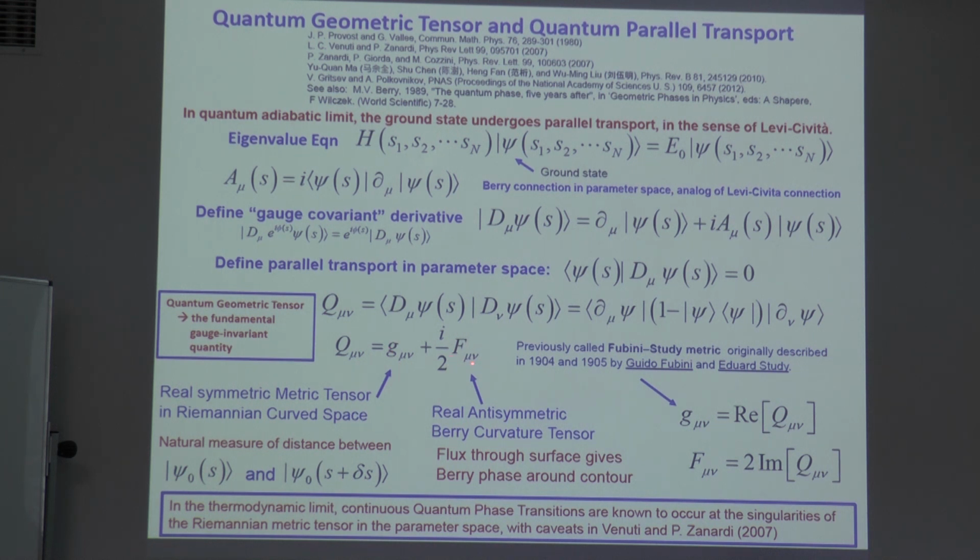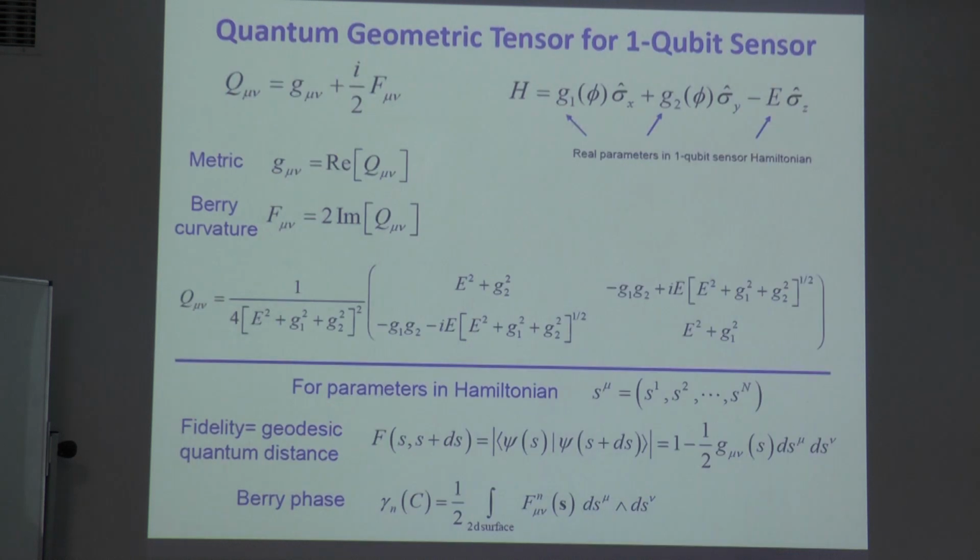And this, of course, we saw gives you a Berry phase when it's integrated over space. The importance of this metric is that in the thermodynamic limit, continuous phase transitions are known to occur when this thing has singularities as you move these parameters around. So this Riemannian metric is the real part of this. The imaginary part, twice that, is the Berry curvature.